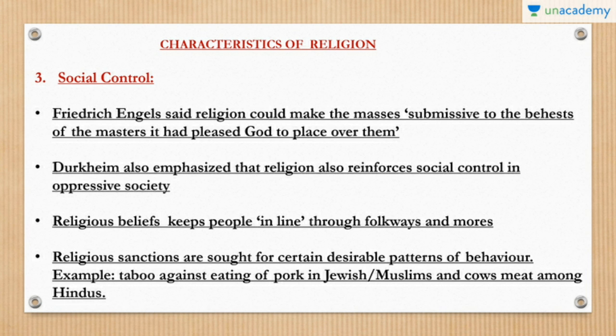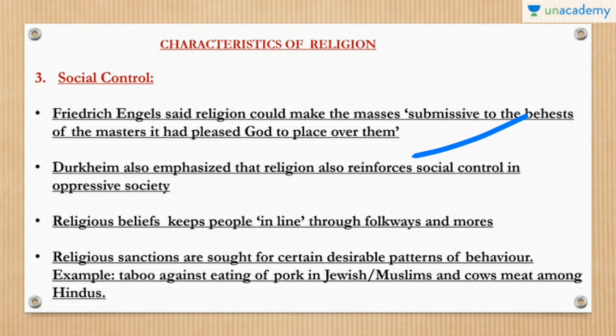So you make sure that you stay within your boundaries because you want to follow it. And since nobody wants to go against their religion or God, you are submissive. Friedrich Engels said religion could make the masses submissive. Religion is something very personal, and nobody wants to retaliate against religion.